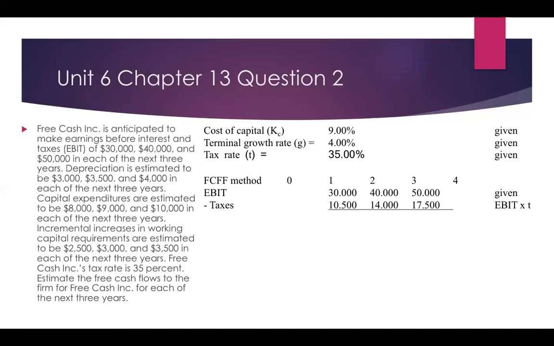First thing we need to do is subtract out the taxes. To figure out taxes, we take the EBIT number and multiply that by the tax rate. Once we subtract out the taxes, our next step is to add depreciation, which is a given figure.